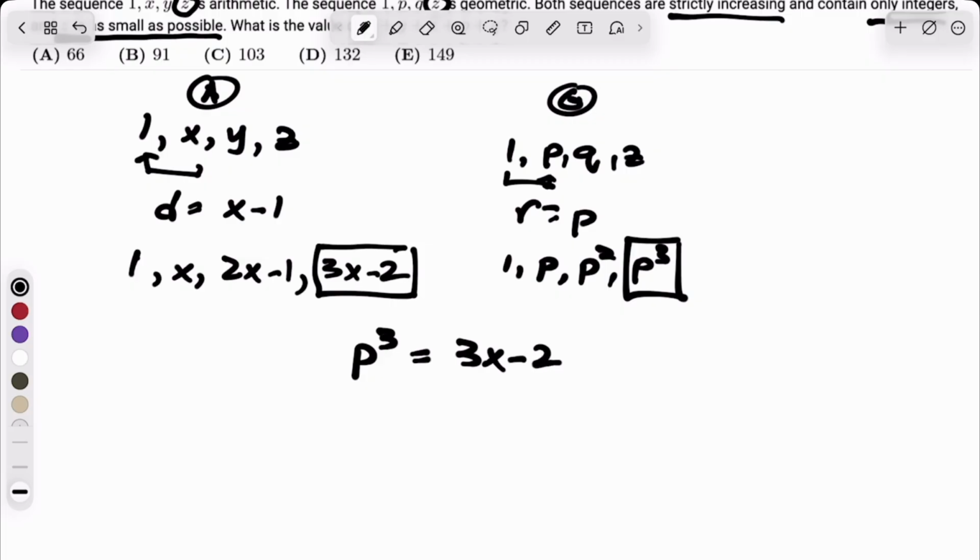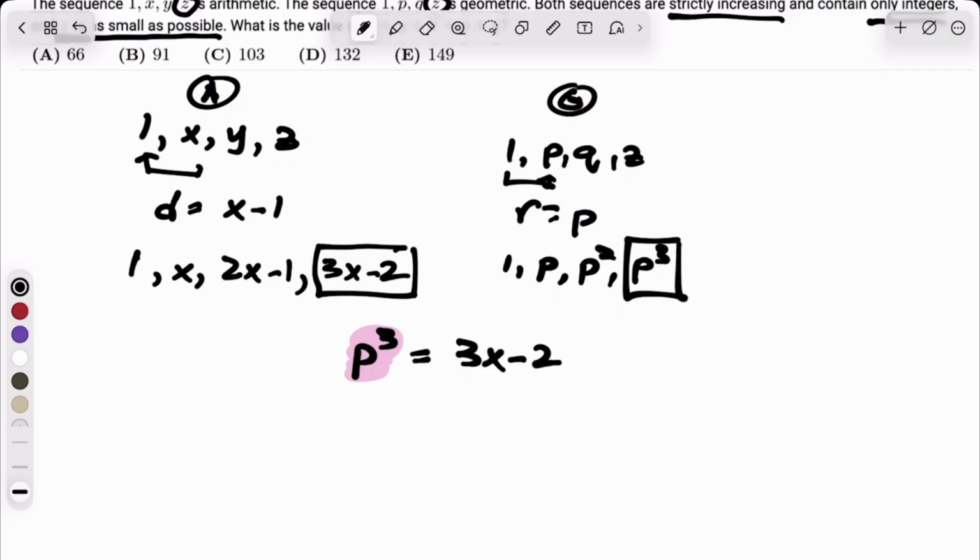Now the value of z is as small as possible, so it's actually going to help us if we start with values of p. And let's see if we can get something for p where the right side will result in an integer value for x. So let's try, we're going to start with p equals 2 because it's strictly increasing, and a geometric sequence where r equals 1 will not increase.